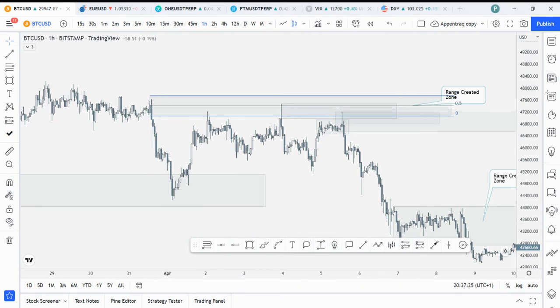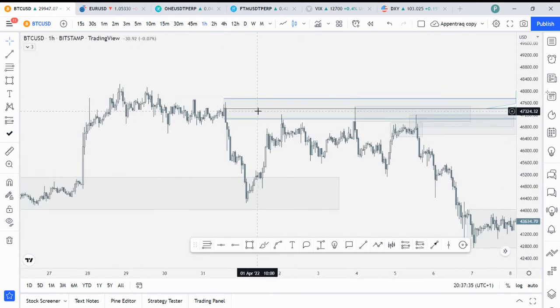The last refinement I'm going to talk about is mitigation refinement. Okay, so we can see from here that this is the zone. Price has tapped into the zone and there is a sell off.